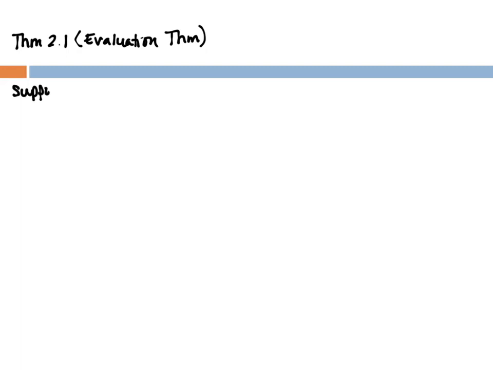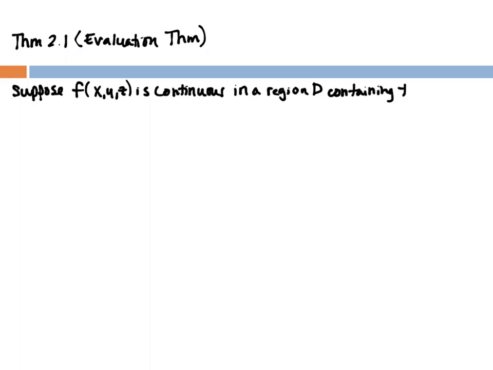So suppose f of x, y, z, three-dimensional, is continuous in a region D containing the curve C. And then we're going to encounter something that you haven't thought about in a little while.